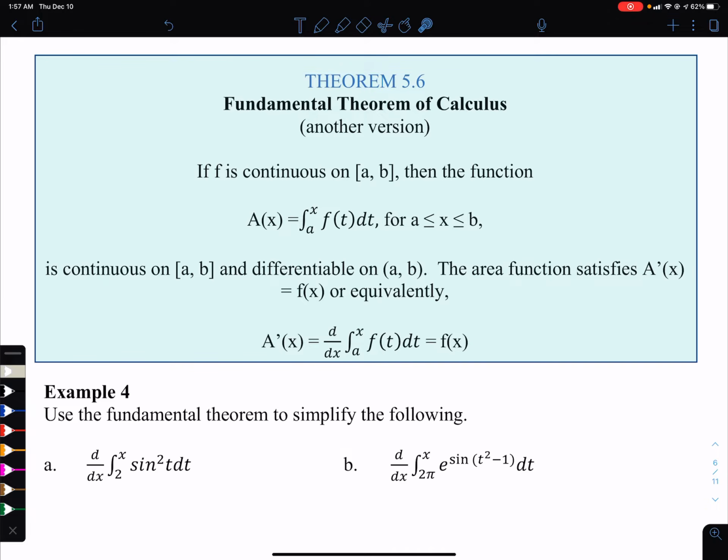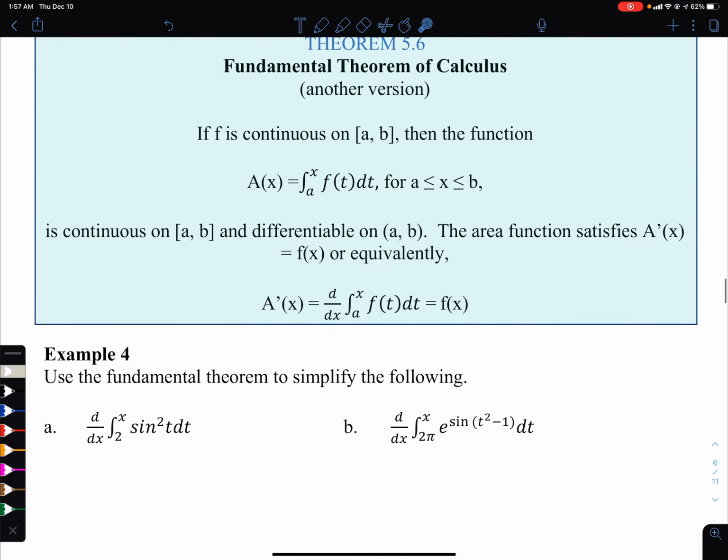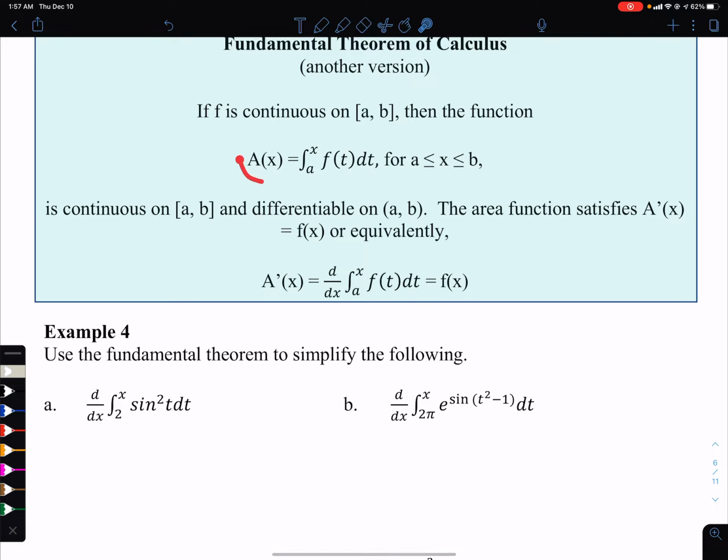All right, there's another fundamental theorem of calculus, another version. So if you have some function, and very important to note, a on the bottom, that's any constant. A is any constant. And the x on top, you got to notice is your variable x. There's your variable.